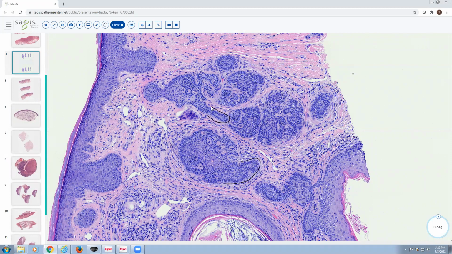That feature is shared between basal cell and trichoep or trichoblastoma. So the peripheral palisading can help you distinguish a basal cell, for example, from actinic keratosis or a squamous cell. But if your differential is basal cell versus trichoep, don't rely on peripheral palisading as a distinguishing feature.